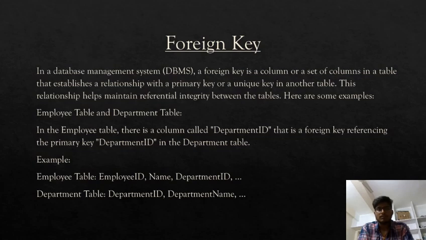If we consider the employee table and the department table, the department ID is the primary key of the department table, but it is a candidate key of the employee table, right? So in the employee table, the department ID would be considered the foreign key.